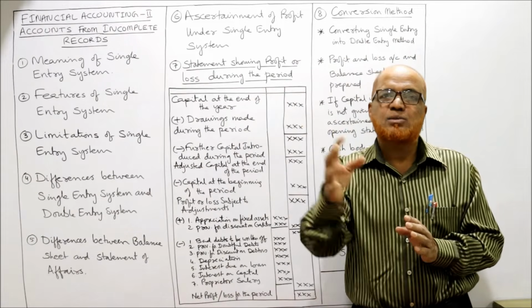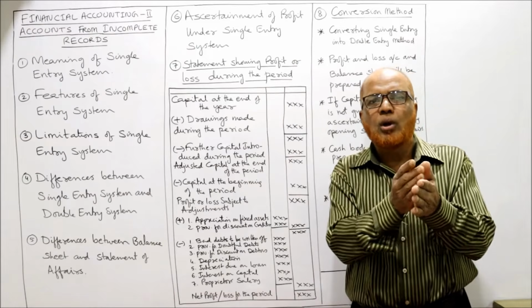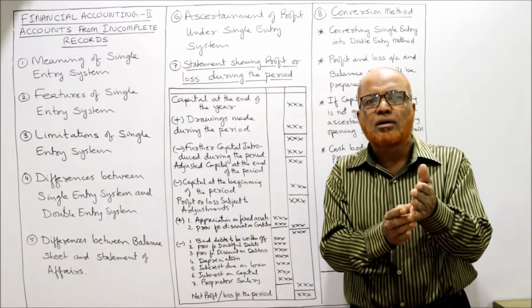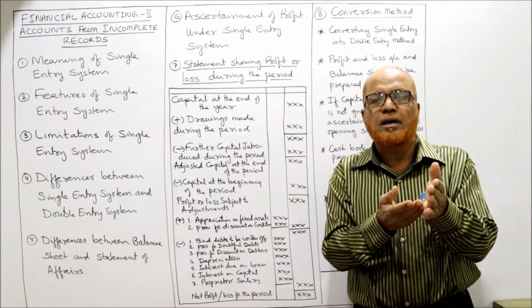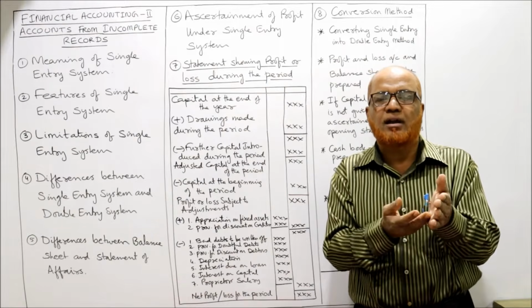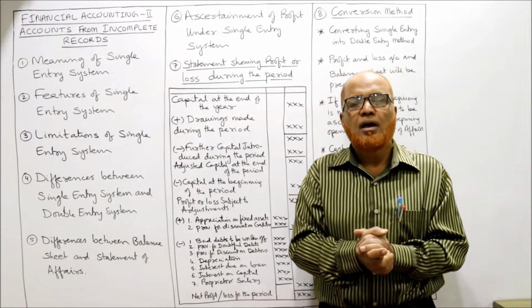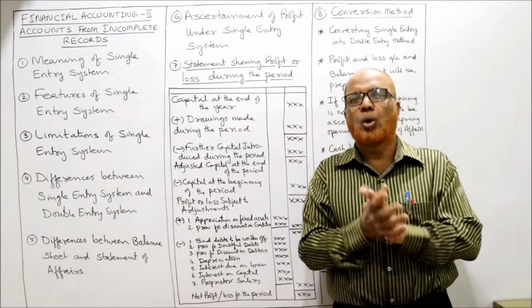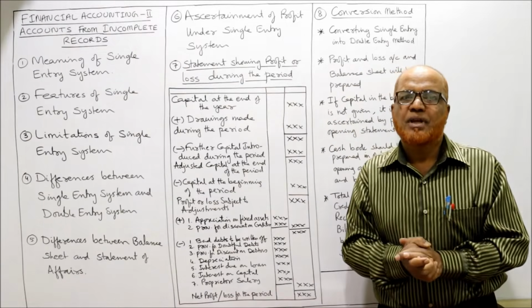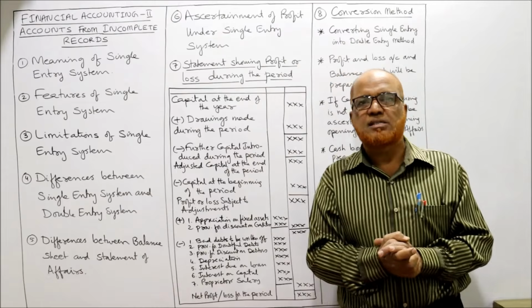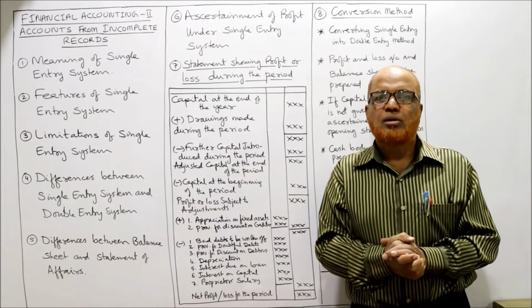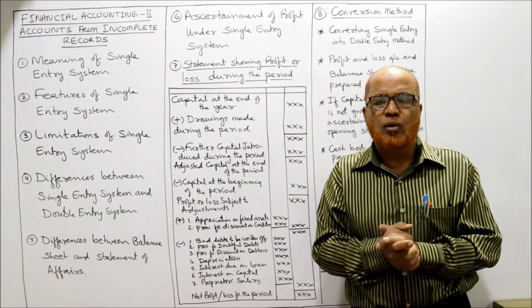For example, when salary or rent is paid, it is only recorded in the cash book. No records are kept in nominal accounts like the salary account or rent account. And some transactions are completely ignored, not recorded at all, for example bad debts, provision for bad debts, and depreciation.